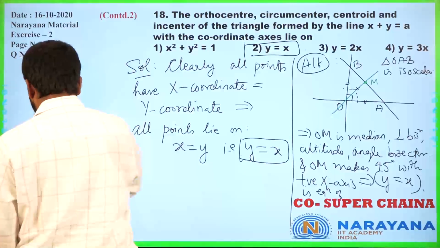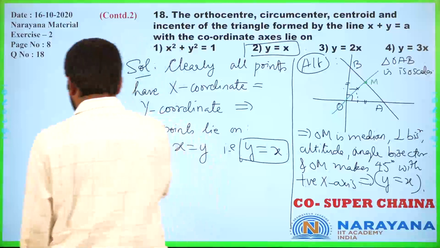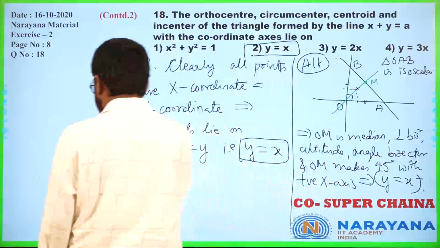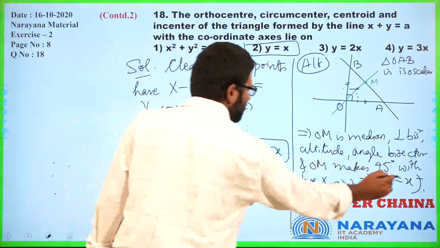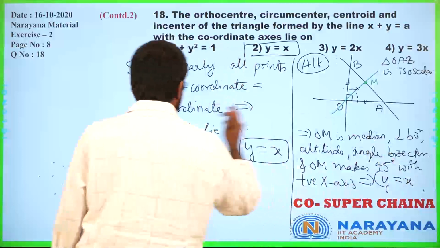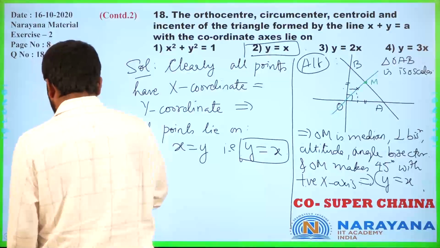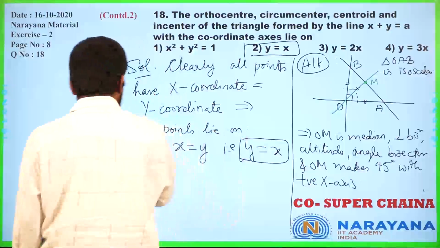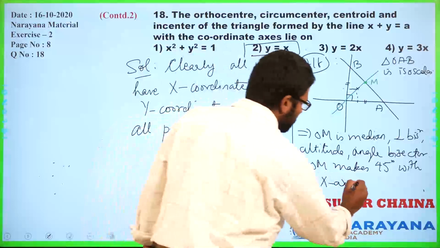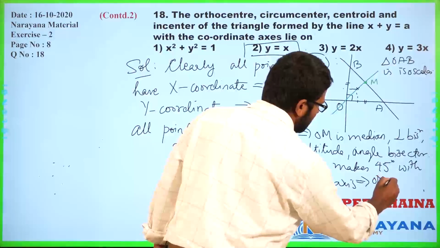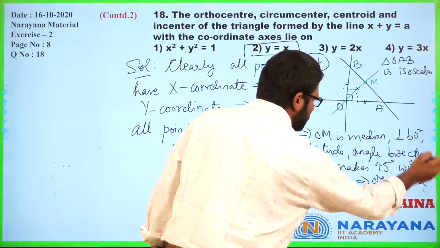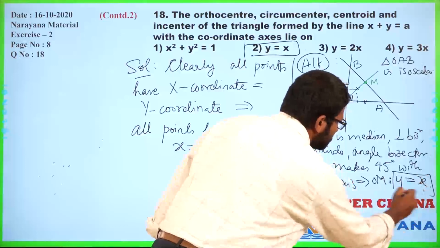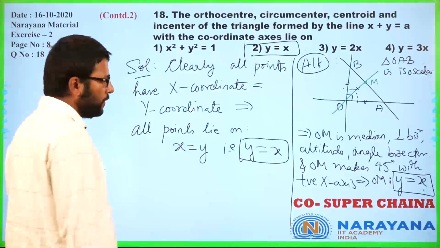There is no space, you won't be able to see this, I'm just going to write y equal to x, which means OM has the equation y equal to x. Alright? Got it? Okay, then let us proceed.